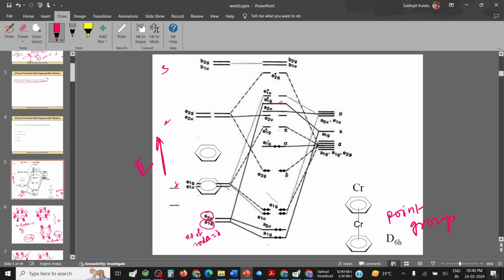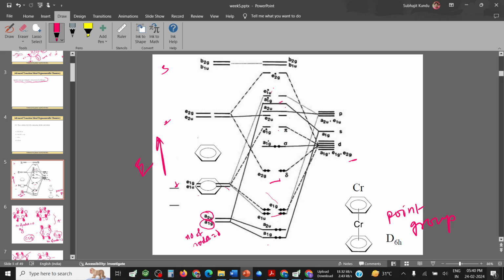The E1G and E1U of these are interacting with the E1G of the d orbital and the p orbital to give the pi bonding and pi antibonding orbitals, whereas the E2G and E2U are interacting with the E2G of the metal orbital to give the delta bonding, and another E2U remains as a non-bonding orbital.